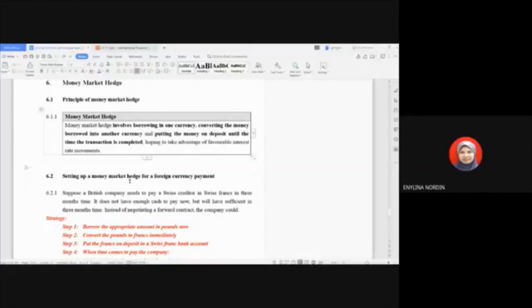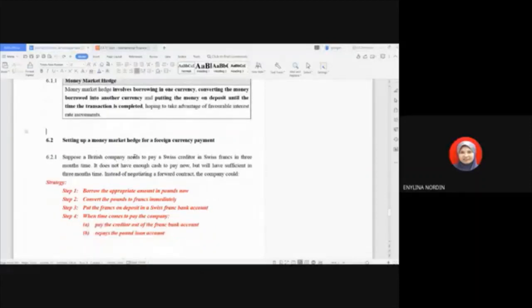Setting up the money market hedge can be for foreign currency payment and also for foreign currency receipt.